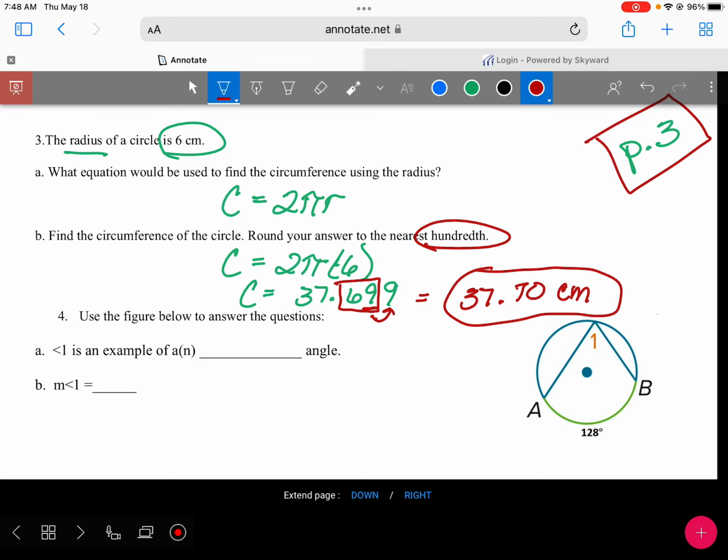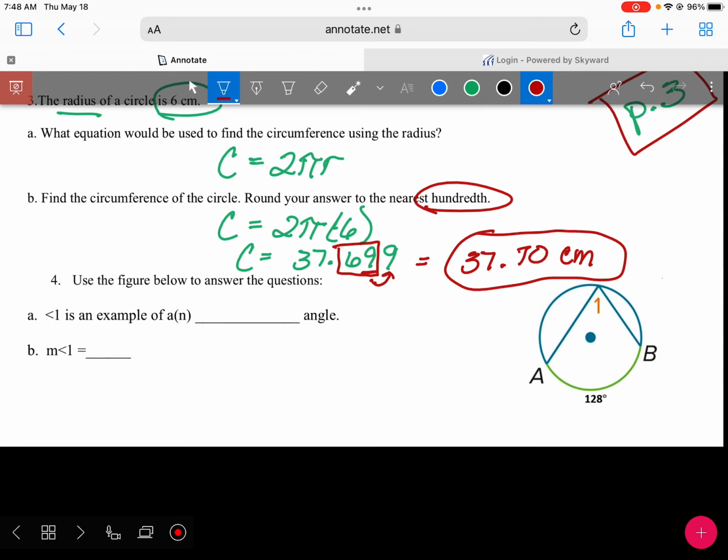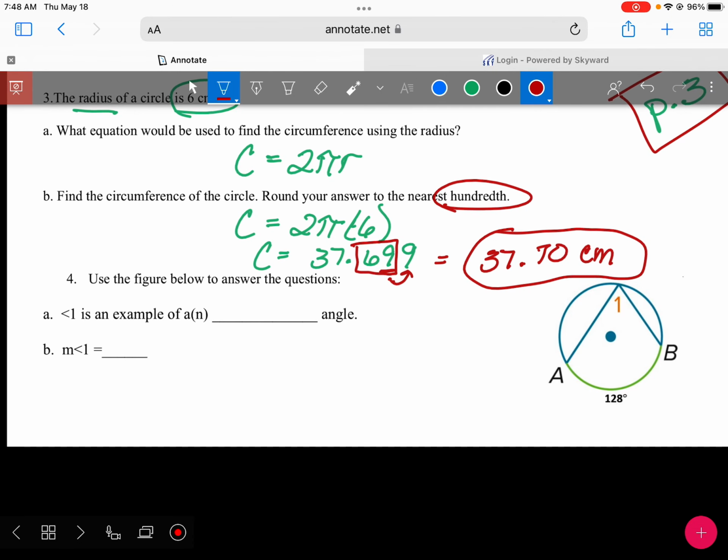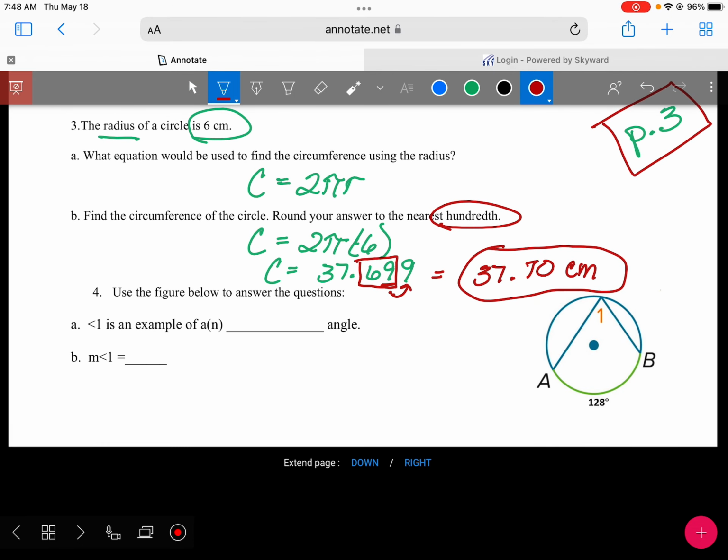All right. How about number 4? Did we do number 4? Probably not. So angle 1 of this circle below is an example of what type of angle? I feel like Ken Jennings of Jeopardy.